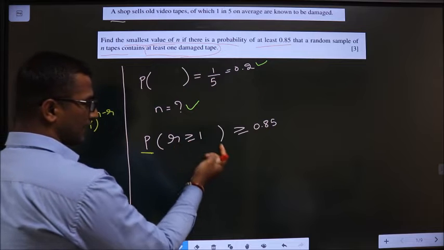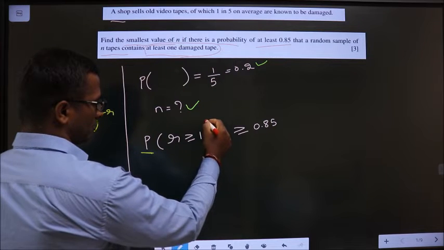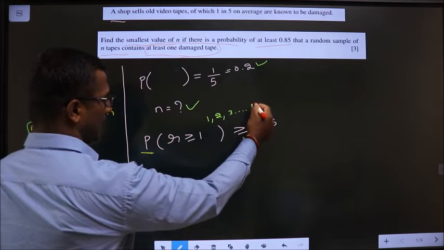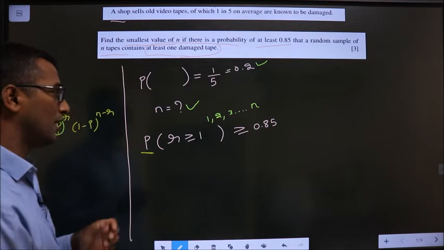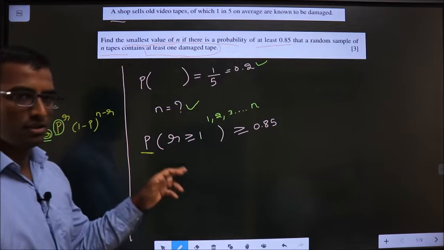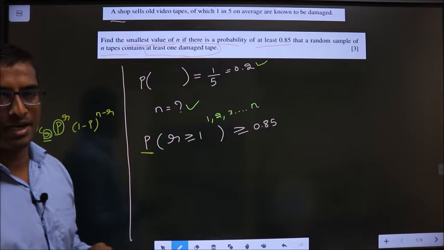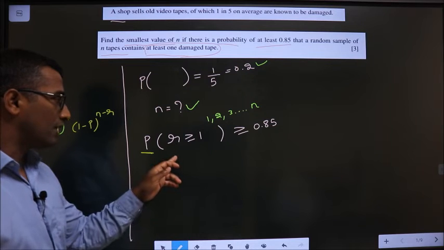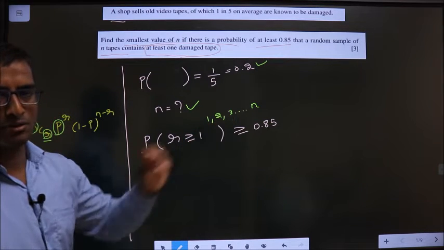Here r is greater than or equal to 1. So it will start from 1, 2, 3, so on, goes on till n. So I don't know n, so I cannot say how many values r will take. But I can be sure that for r I get many values.